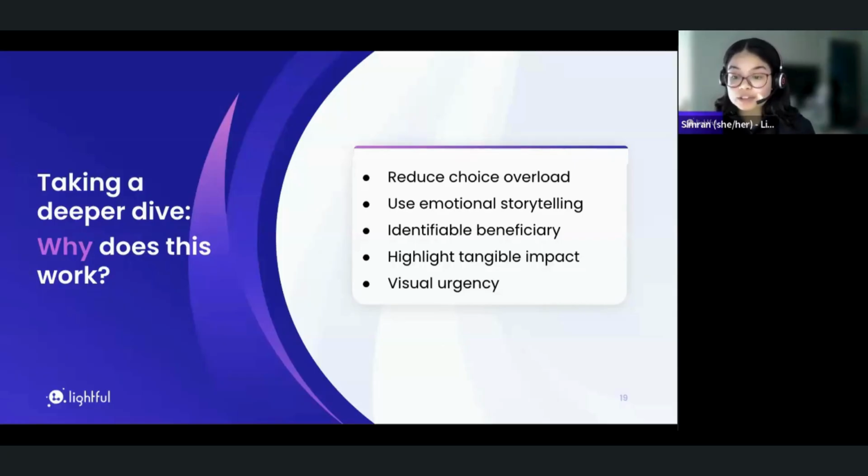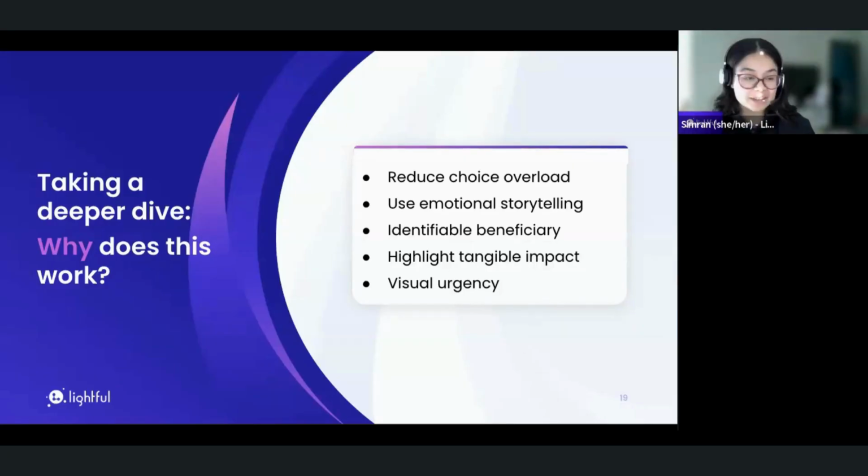There was a powerful study called The Donor is in the Details, where it showed that people are more motivated to give when they can picture helping one person rather than an abstract group. So that is really helpful when it comes to your language, your campaign, as well as your imagery. Linking your amounts to tangible outcomes makes the donation feel effective and real.